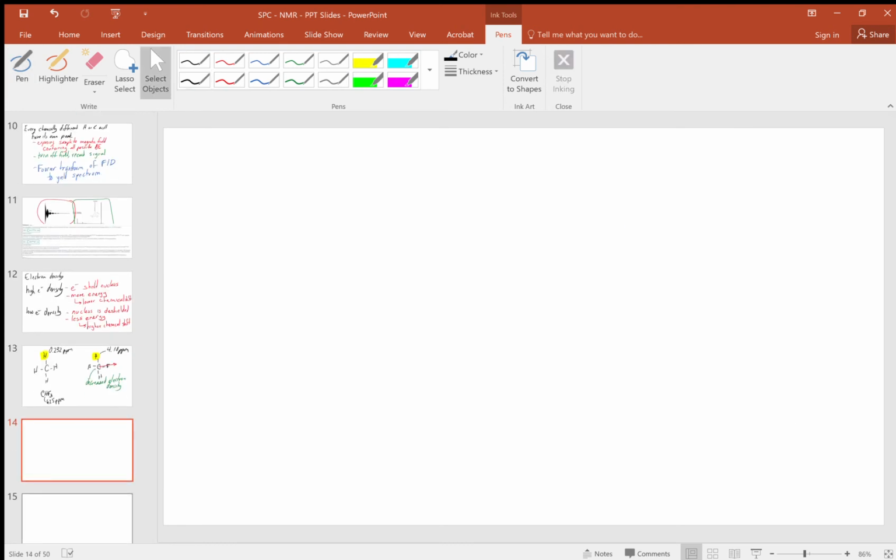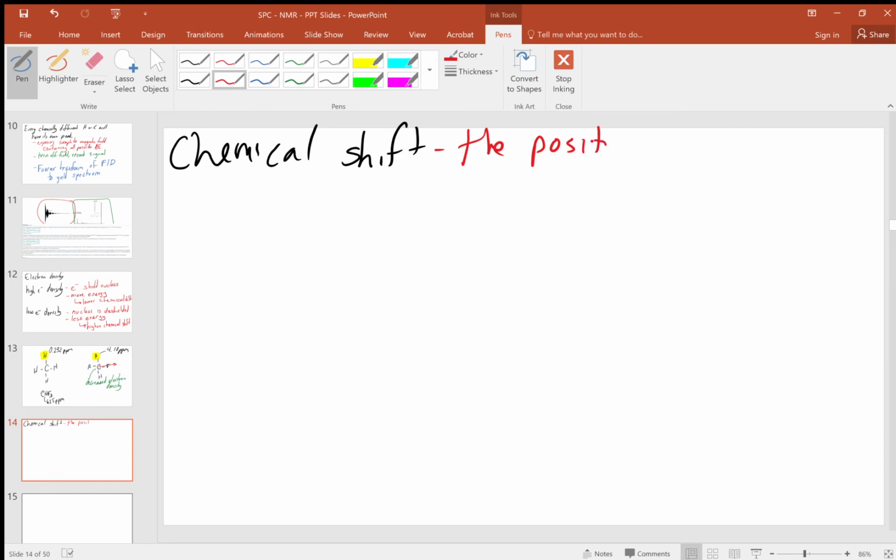All right, so what are these terms that we're using here? What is chemical shift? Because that's a term we're going to use for both proton and carbon NMR. Chemical shift is literally the position or the energy at which a nucleus absorbs.